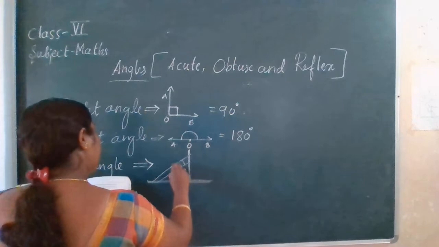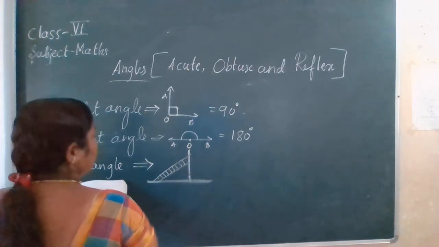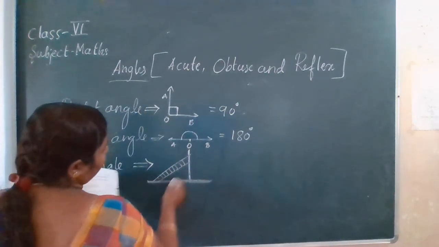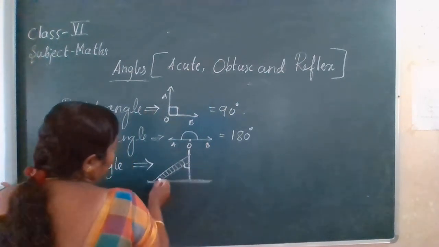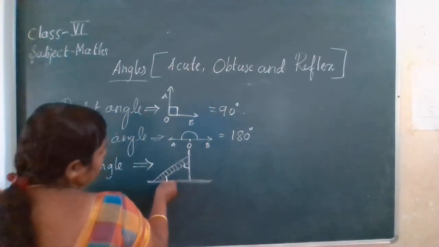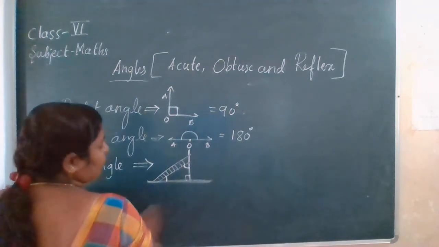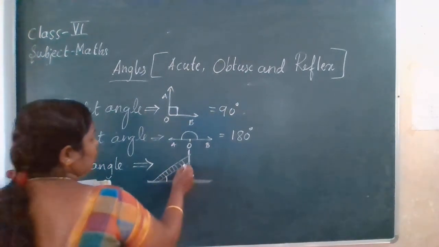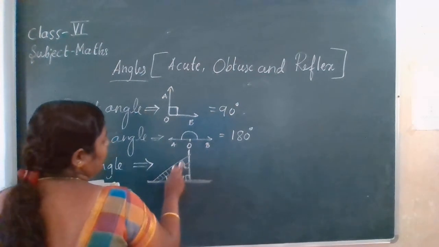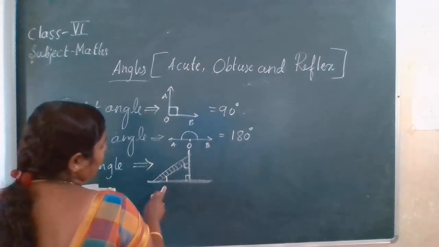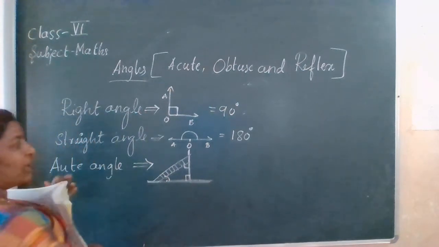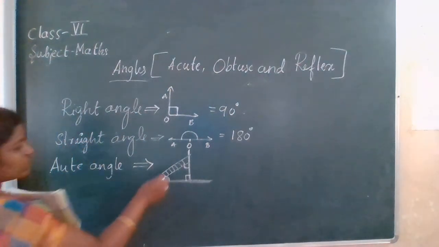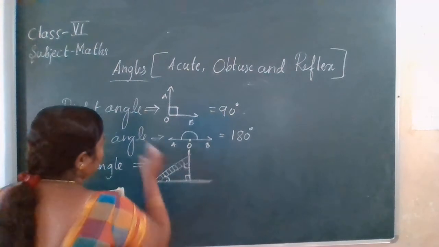The angle made by the ladder and the wall, and the ladder and the floor. The wall and floor make a right angle, which we know very well. But these angles seem to be neither a right angle nor a straight angle. This is different from these two.